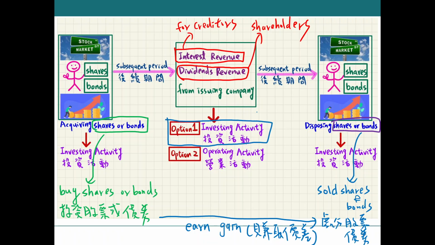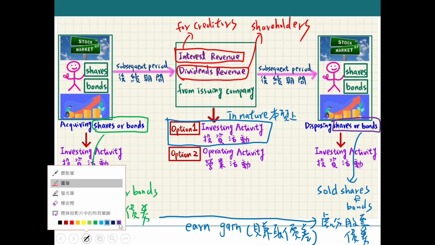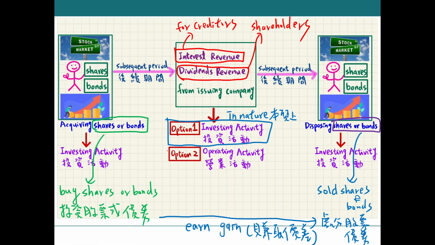So that's in nature, its essence. But we give you another option. So what's another option? You could put it into operating activities.